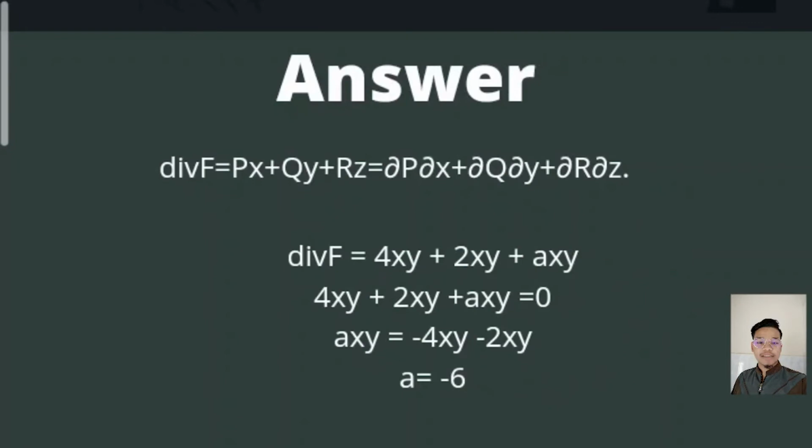Answer. By using the divergence formula, we get that divergence F equals 4xy plus 2xy plus axy. Then we equate the answer to 0. Then we will get a equal to -6.